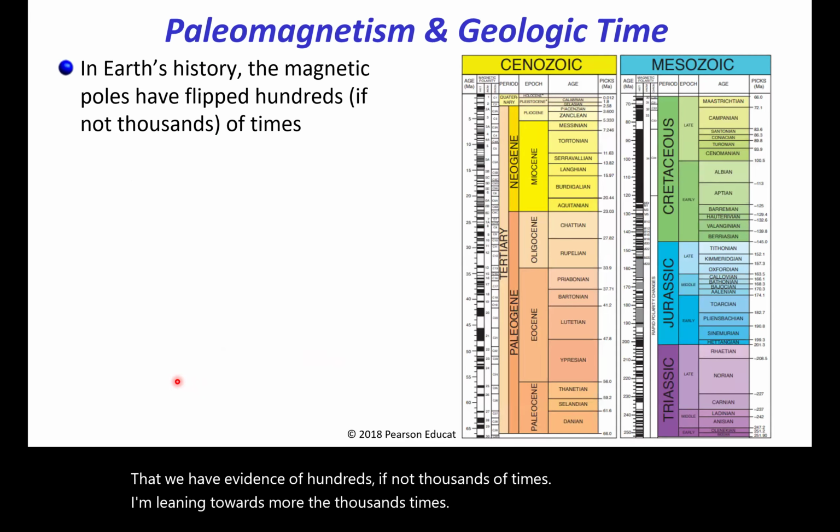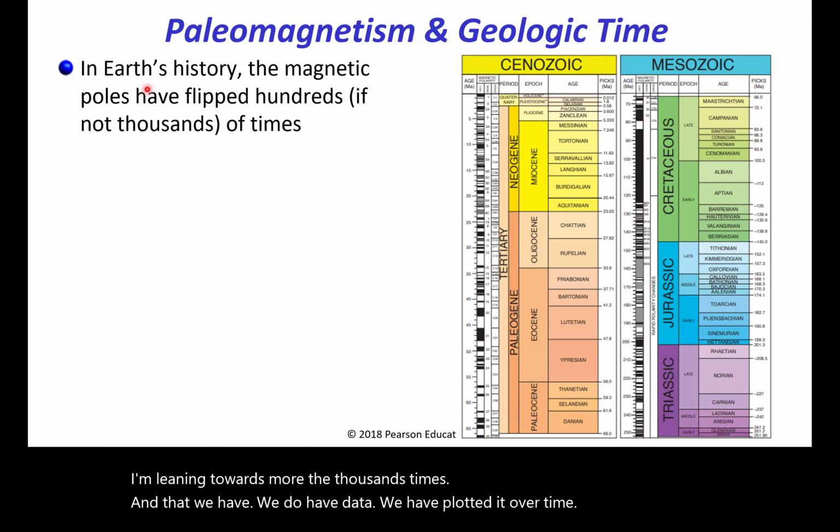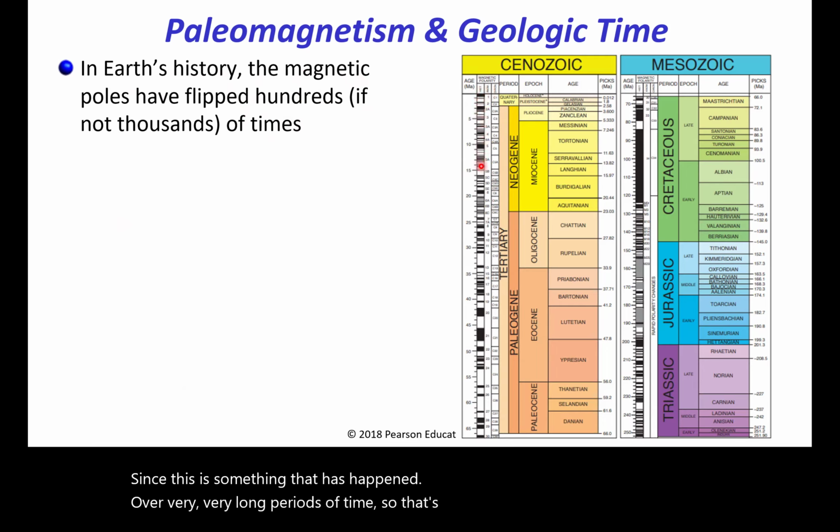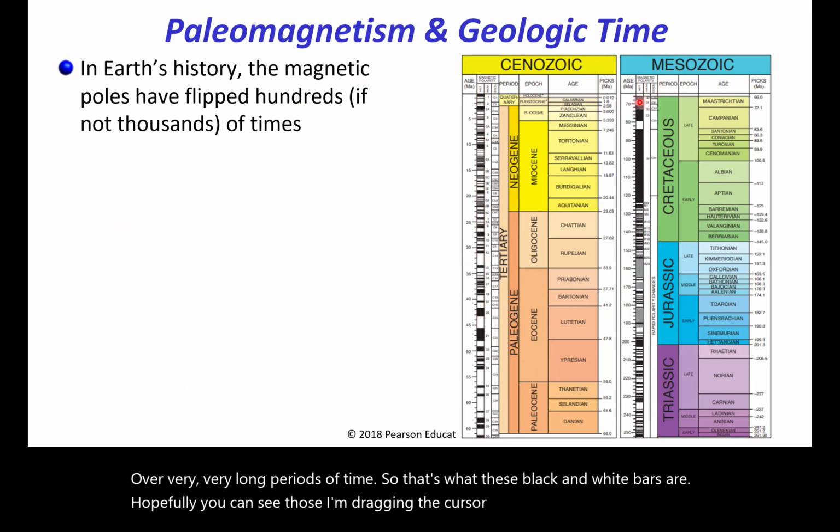And we do have data. We have plotted it over time, since this is something that has happened over very, very long periods of time. So that's what these black and white bars are. Hopefully you can see those. I'm dragging the cursor down one of them, and then there's a second one here.